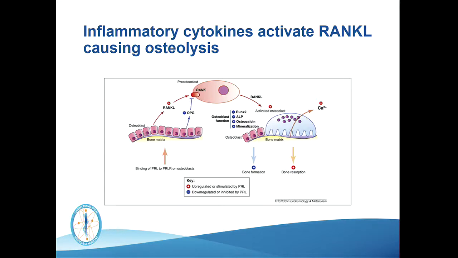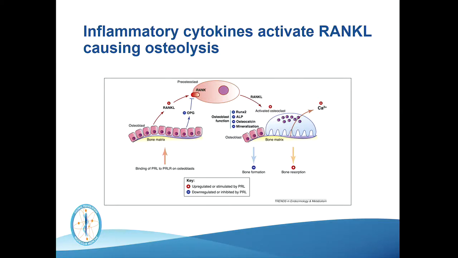And what's actually happening? Well, as I said at the beginning, Charcot foot is felt to be an inflammatory process. So the normal bone homeostasis is controlled by the RANKL pathway. And in the case of a Charcot foot, increased inflammatory cytokines are released.